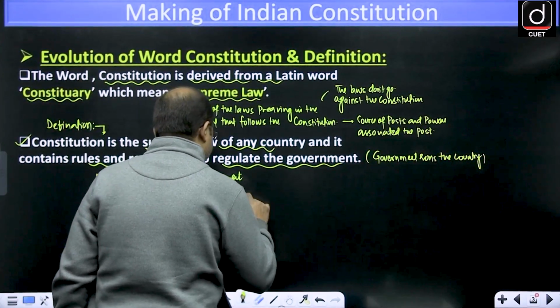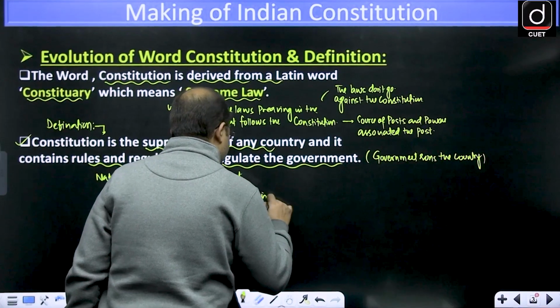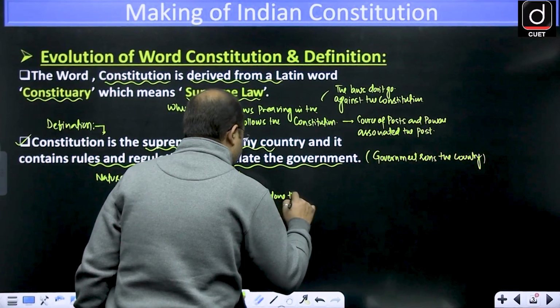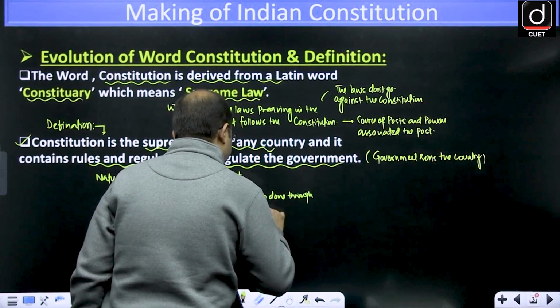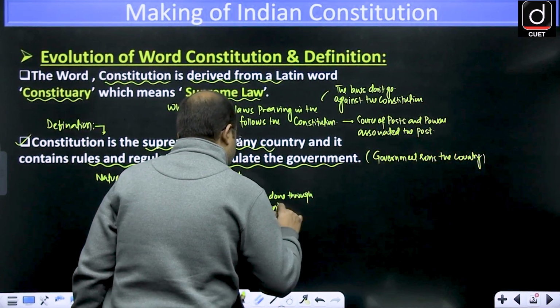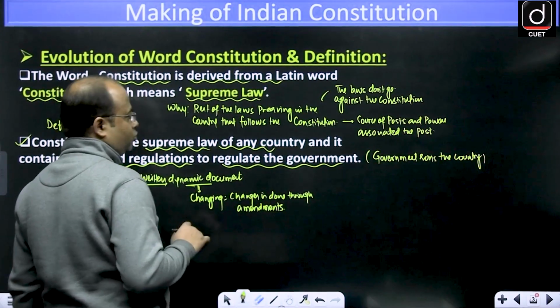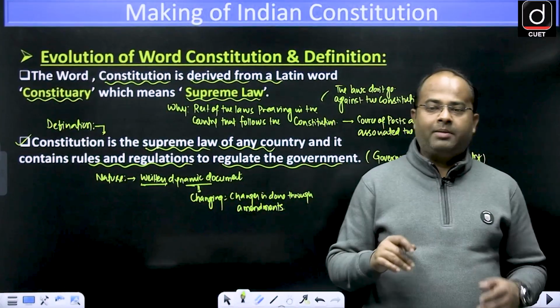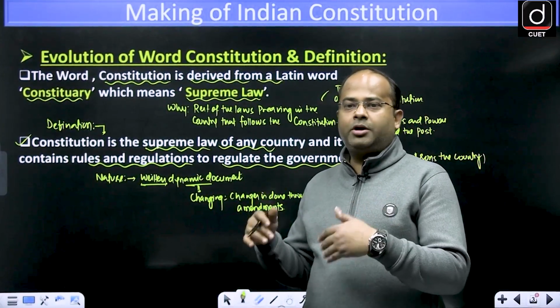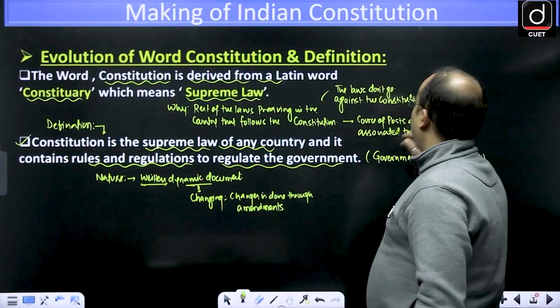So changes in the constitution are done through amendments, and which authority has the power to do the change? That means which authority has the power to amend the constitution?